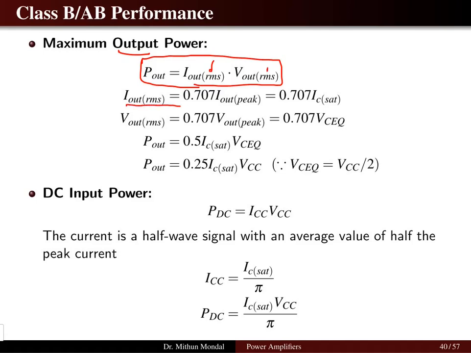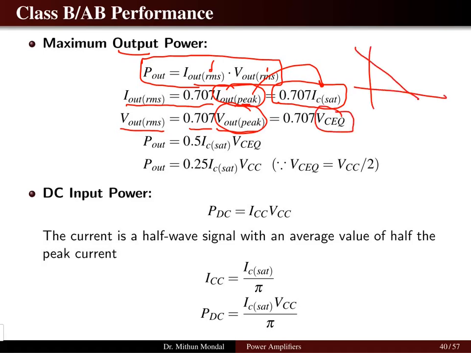The output current RMS is 0.707 times the output current peak, and the output current peak is basically the collector current at saturation. Similarly, the output voltage RMS is 0.707 times the output voltage peak, and this output voltage peak is nothing but the collector to emitter saturation voltage. This will come again from the load line.